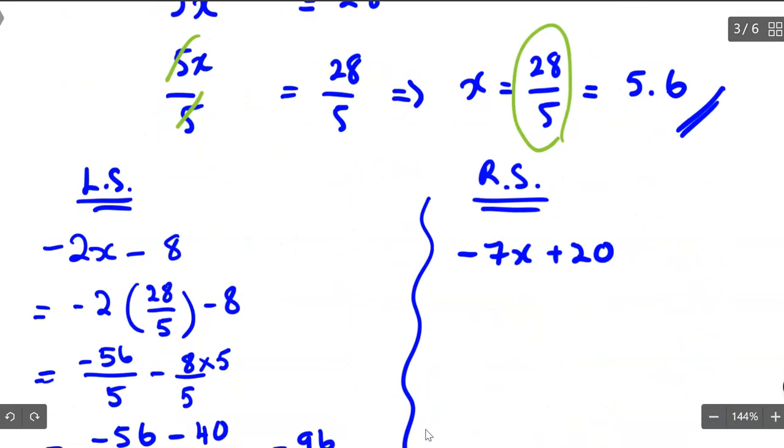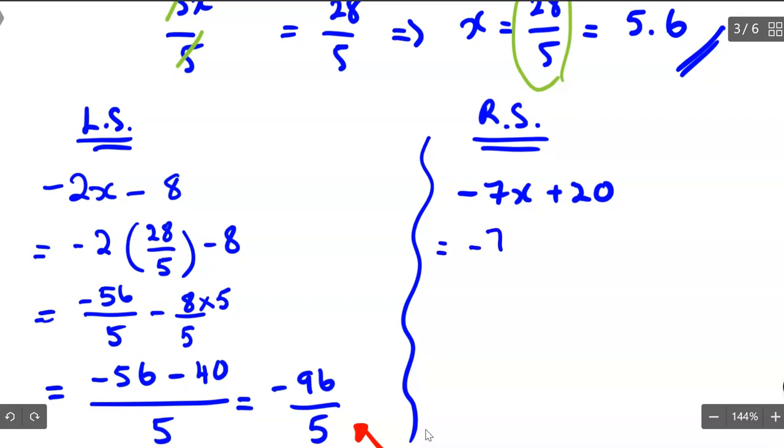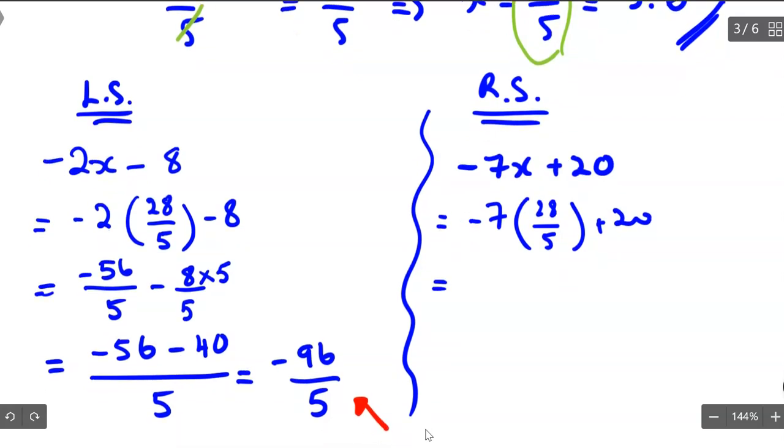All right, so I will have negative 7 times 28 over 5 plus 20. I do the same thing, perform the operation using fractions. So I take negative 7 times 28, and I will have negative 196 over 5.